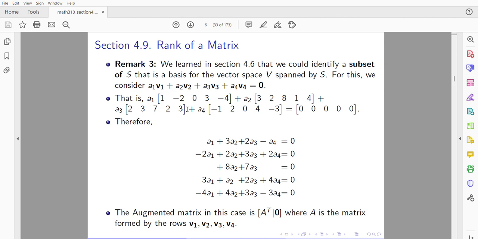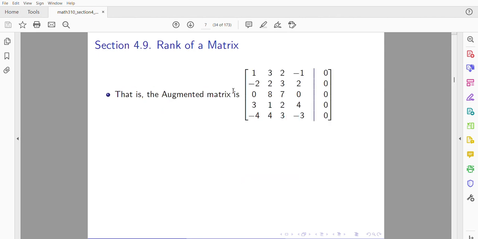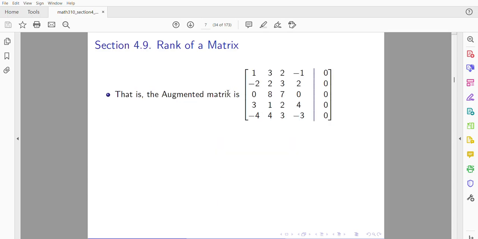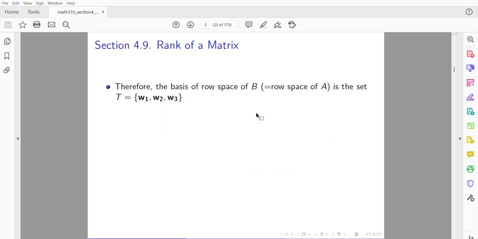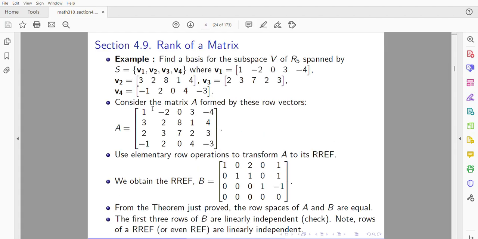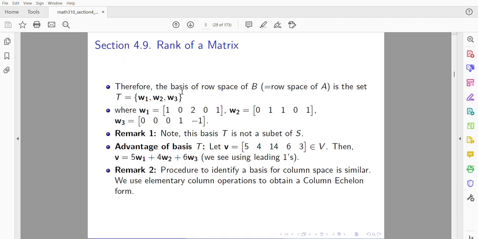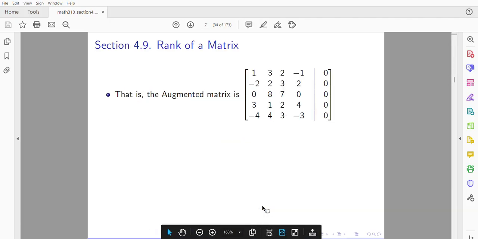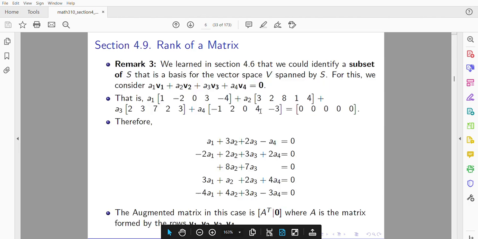So instead of this row, I have it as a column. Notice this: 1, 2, -1, -2, 0, 3, -4. That's that column. So if you remember what we did earlier, A was made up of these rows, whatever vectors you got. Now the augmented matrix, on the other hand, has those rows converted to columns. That's why it's A transpose with the 0.